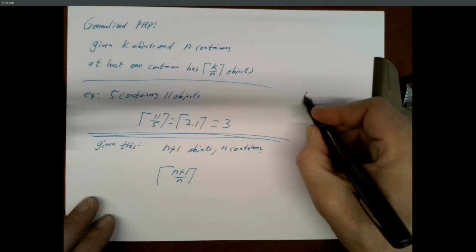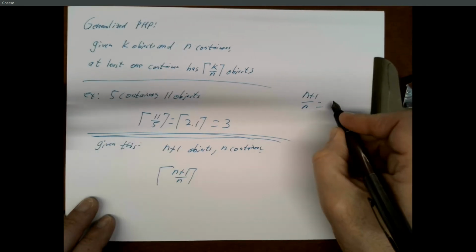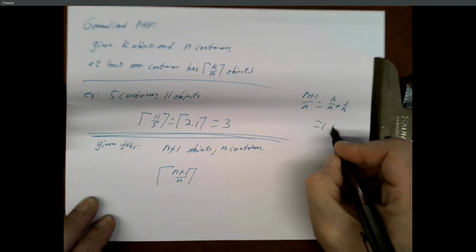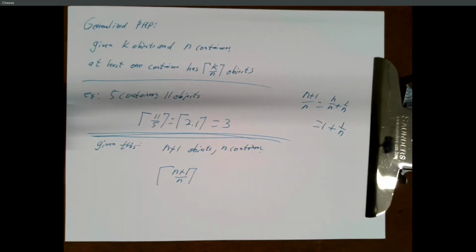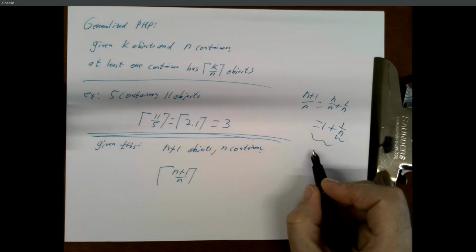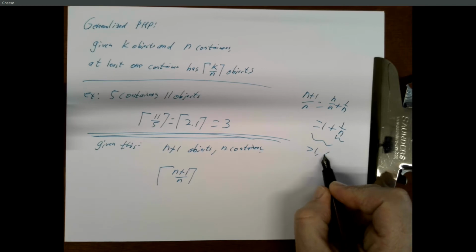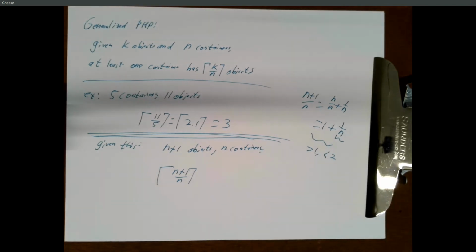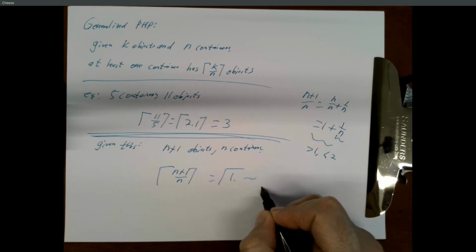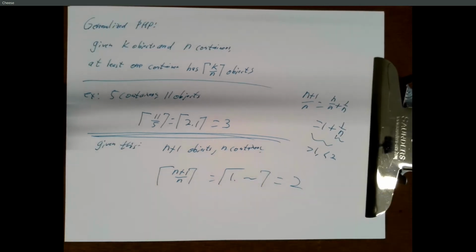So n plus 1 over n is n over n plus 1 over n, which is 1 plus 1 over n. And 1 over n is going to be bigger than 0, but less than 1. So this is going to be bigger than 1 and less than 2. So this is the ceiling of 1 point something, which is going to be 2.